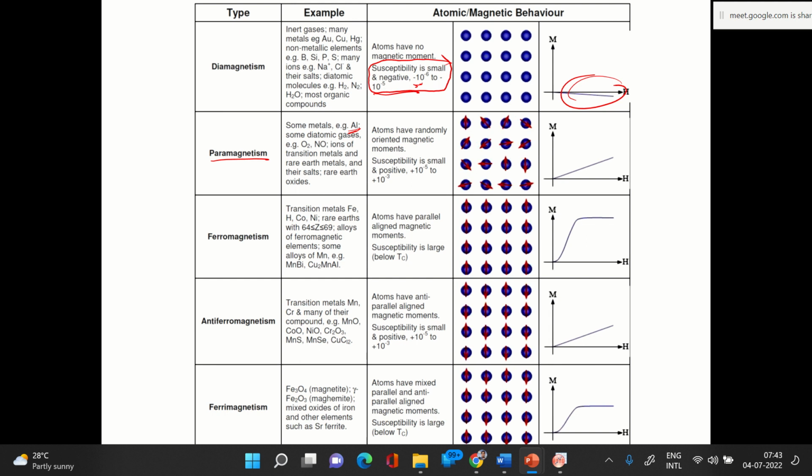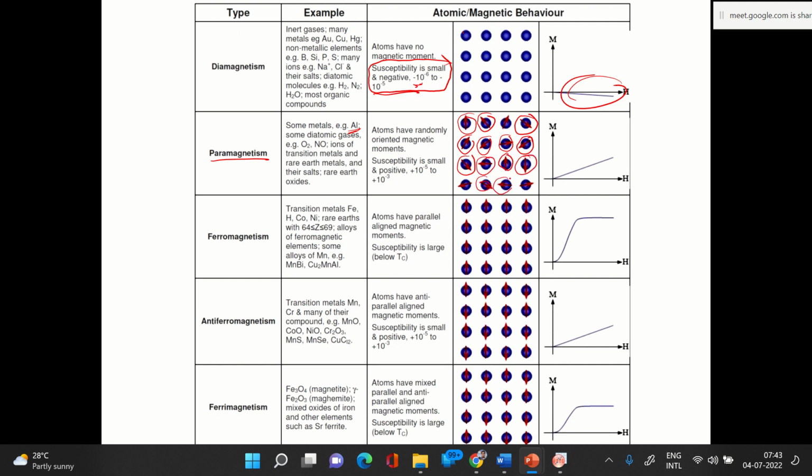In the previous case, the diamagnetic case, there were no individual moments, so nothing was drawn. But in this picture, you can see that arrows have been put, red color, in different directions, right? They are pointing in different directions, giving no net magnetic moment, no net magnetization when the magnetic field is not present. So individual spins are randomly oriented.